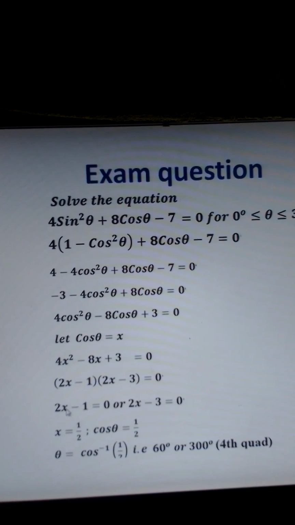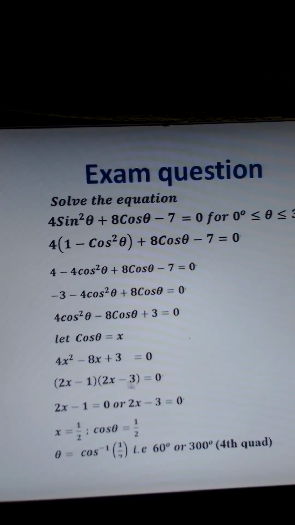So that means 2x minus 1 is equal to 0, or 2x minus 3 is equal to 0. If 2x minus 1 is equal to 0, it means that x is equal to 1 over 2. And if 2x minus 3 is equal to 0, it means that 2x is equal to 3, so x is equal to 3 over 2.